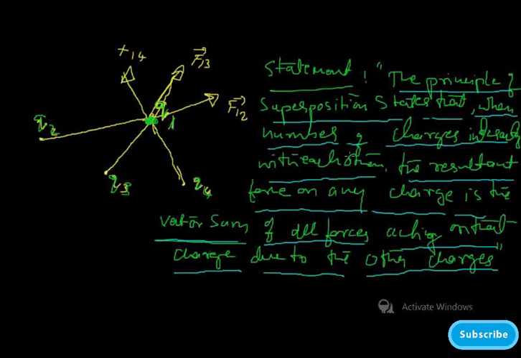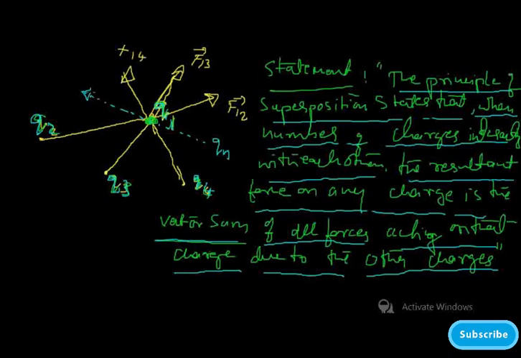So look at the diagram. On Q1 charge, Q2 exerts force. Q3 also exerts force. Q4 also exerts force. Similarly, if we consider nth charge, let us say Qn, it also exerts a force on that.